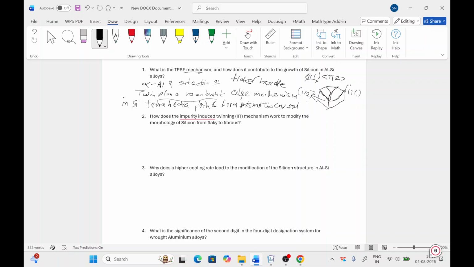So silicon atoms attach at these side surfaces and lead to the growth of this needle shape silicon particles. So this is the solution for the first question. Is it clear?